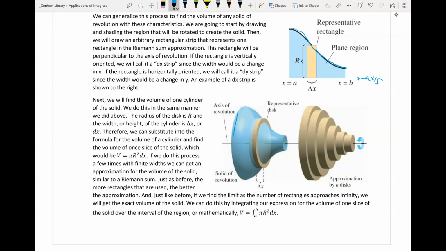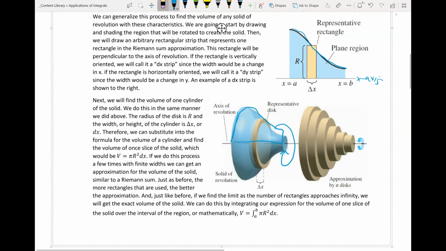If I take that shape and revolve it around our x-axis, this entire shape is what we get. And if we approximate it by smaller and smaller disks, this picture is what we get, an approximation of n disks.